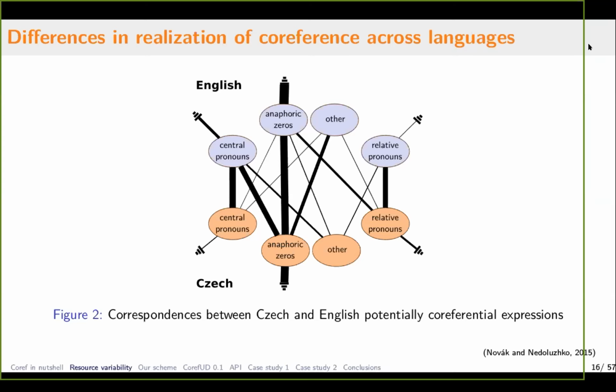In the bottom, the Czech types. As you can see, the correspondence is not one-to-one, and the wider the line is, the more frequent it is. So you can see that English central pronouns, mostly the personal pronouns, turn into anaphoric zeros in Czech. And those lines that end with a ground symbol mean that these were not aligned in the other language, so they are just skipped or expressed in a different way, which is hard to align.